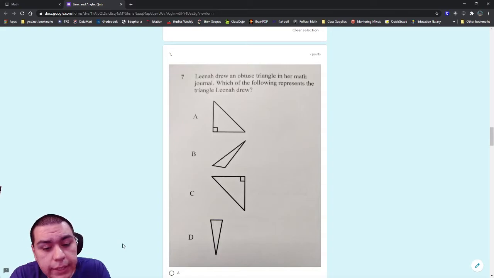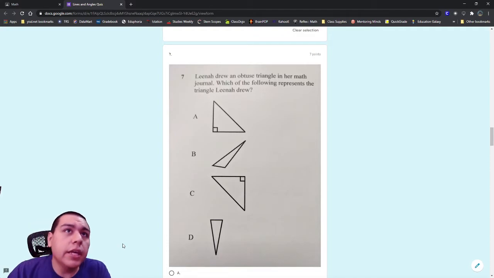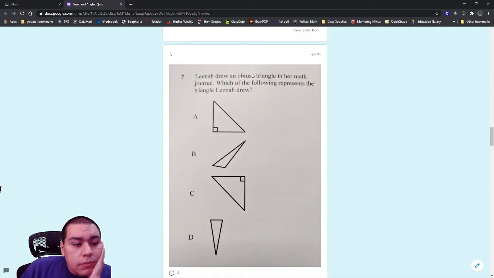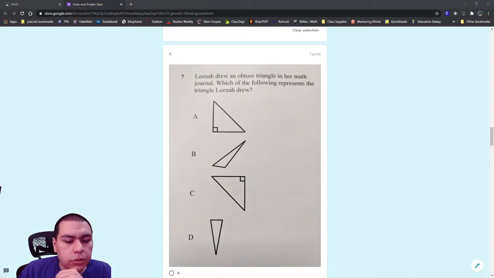So it's an angle that sticks out, but we don't call them out angles. Who can tell me? What do we call those angles? The ones that are bigger, that are open, they stick out. We call those what? Take a look at the name, Bailey. What kind of triangle did they call it? What was the name of it? An obtuse angle. So an obtuse triangle has to have an obtuse angle.